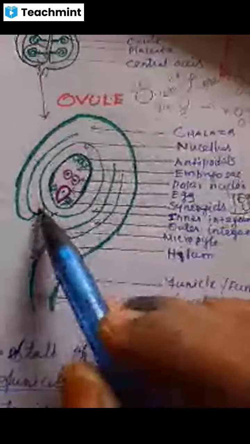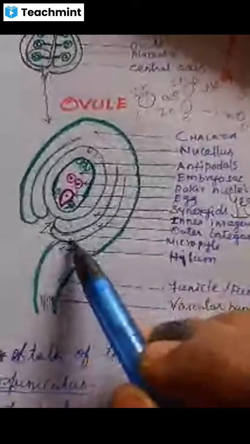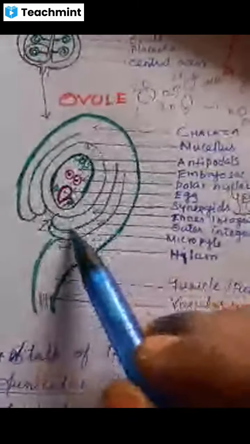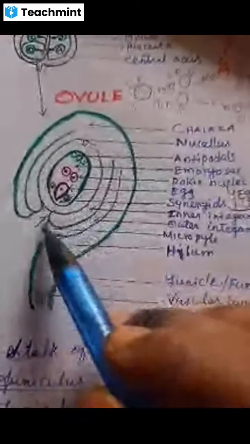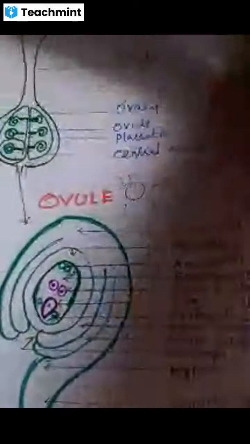They are not fully joined; there is an opening developed by the integuments. This is the terminal part of the ovule, and this is the basal part of the ovule. This opening is called the micropyle.